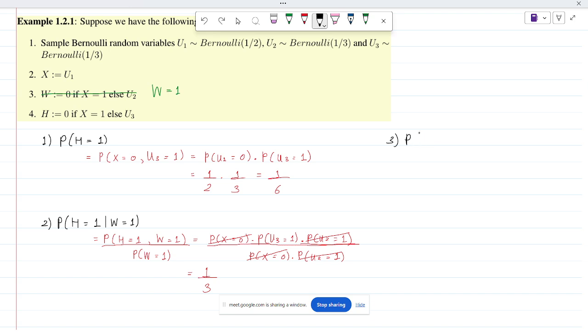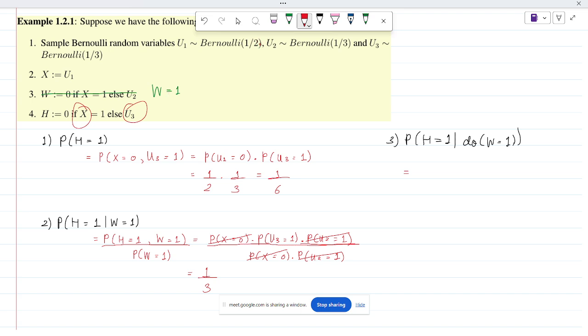So you have to find the probability that H equals 1, given that do W equals 1. Now the thing is, you have set W to 1. But if you look at the data generating process for H, it doesn't depend on W at all. H depends on X and it depends on U3.